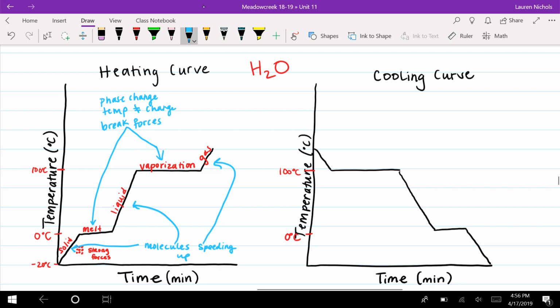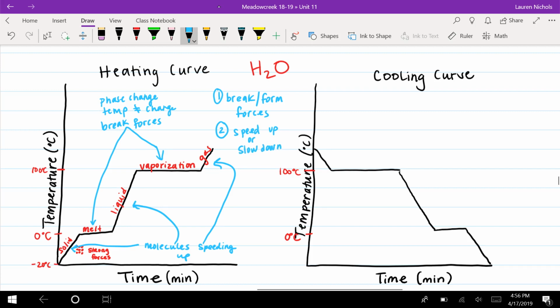That's what the heat is being used for. Heat can do one of two things. It can either break or form the forces, or it can be used to speed up or slow down the molecules.